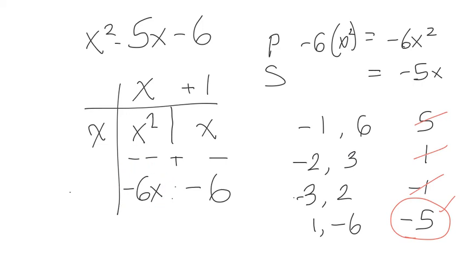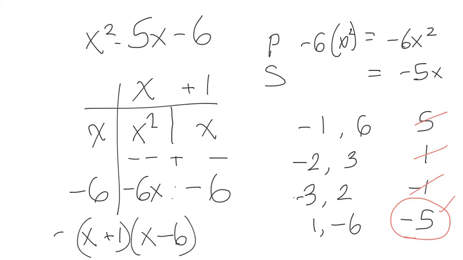And that's going to be negative 6. And I'm done. Look at that. I even have a check. Negative 6 multiplied by 1 gives me negative 6. So I know that my factored form is x plus 1 multiplied by x minus 6. So that's my factored form.